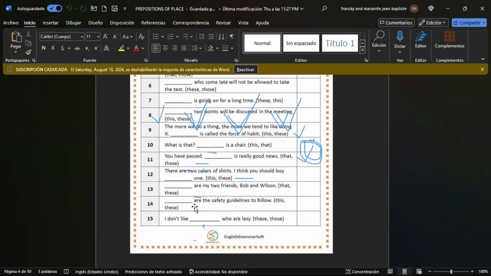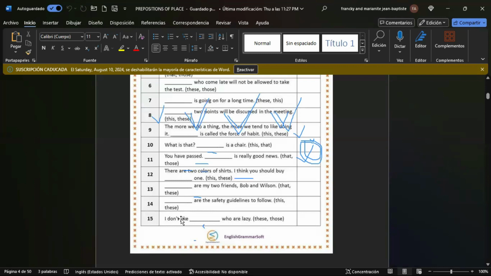Are. Who are. Correct. Emanis, correct. These are the safety guidelines to follow.